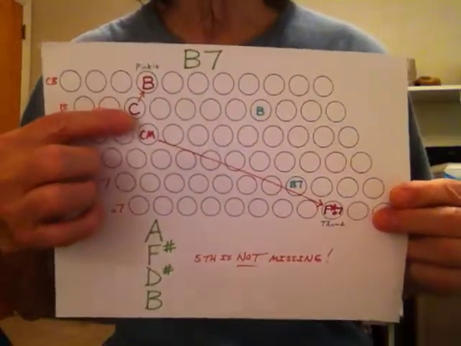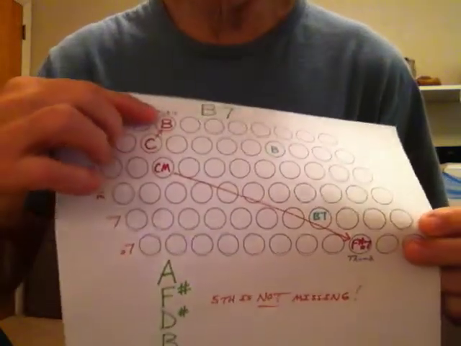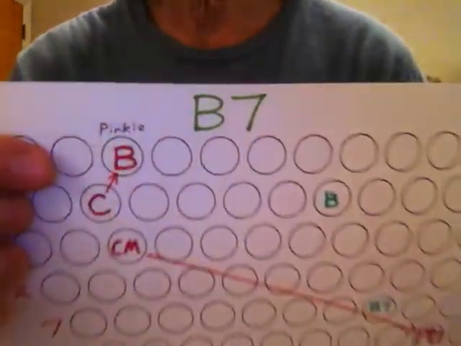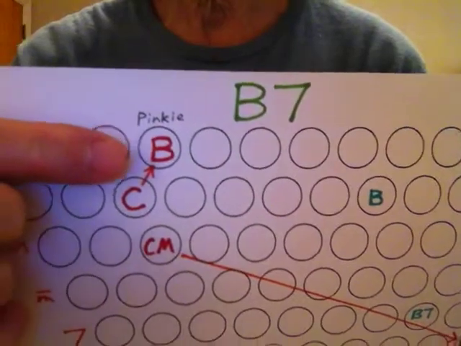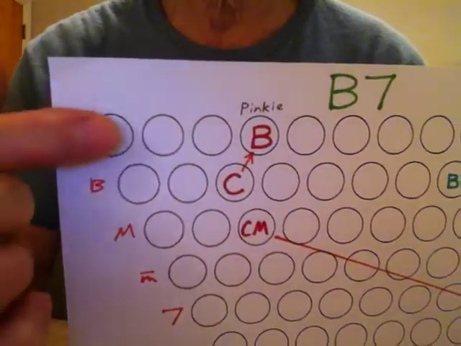So you play your C major chord, you move with your pinky to the B bass button. That's on your counter bass rank or row, you would call it a row.